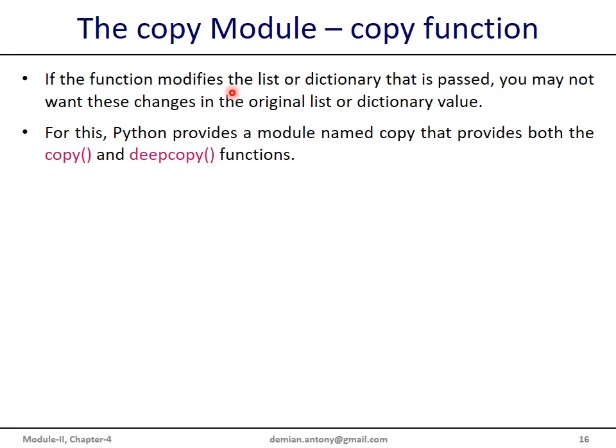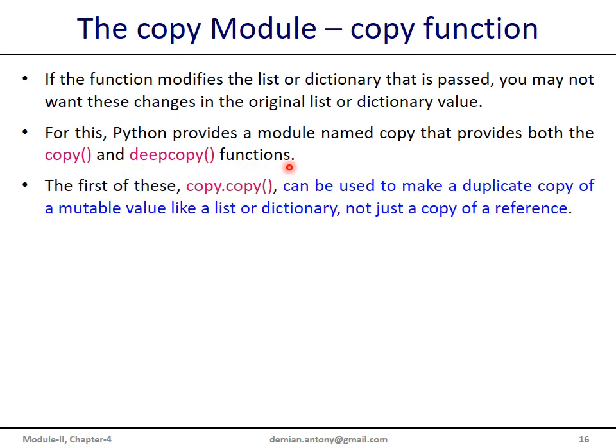If we don't want the effect of modification to be visible in the main program, we need to create a separate copy of the list that we are going to pass to our function. For this, Python provides a separate module called the copy module, which has two functions, namely the copy function and the deepcopy function.